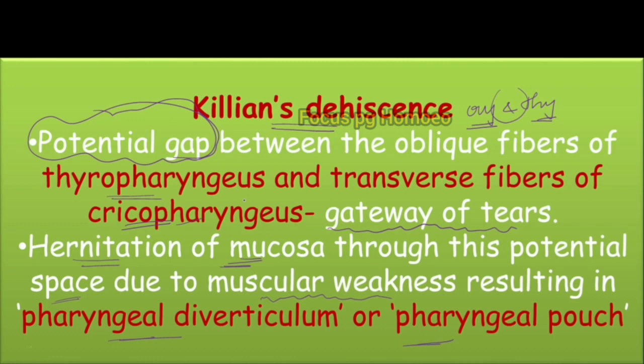So the main important thing you have to remember is thyropharyngeus and cricopharyngeus. Another important thing is that this is a false diverticulum, because it does not involve all the layers of pharynx. It involves only the mucosa of pharynx. So it is also called a false diverticulum. These two points are important to remember.